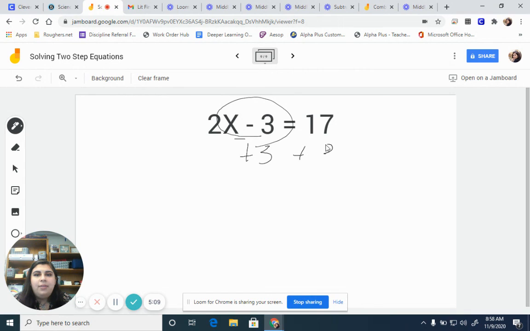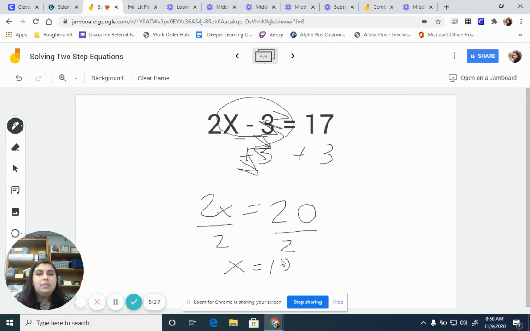So I'm going to add 3. That goes away. So I have 2x equals 17 plus 3. That's going to give us 20. And now I'm going to divide. So divide by 2, divide by 2. So x equals 10. I hope that helps.